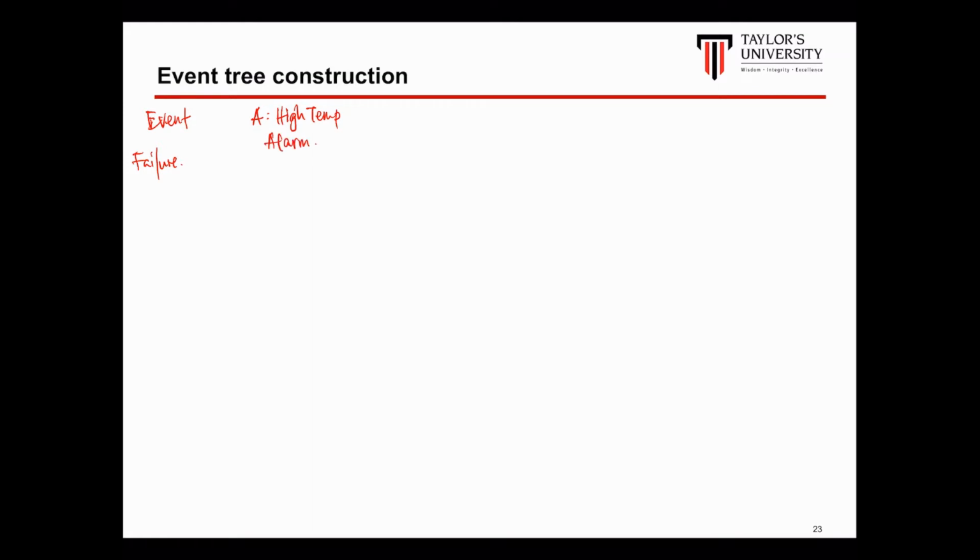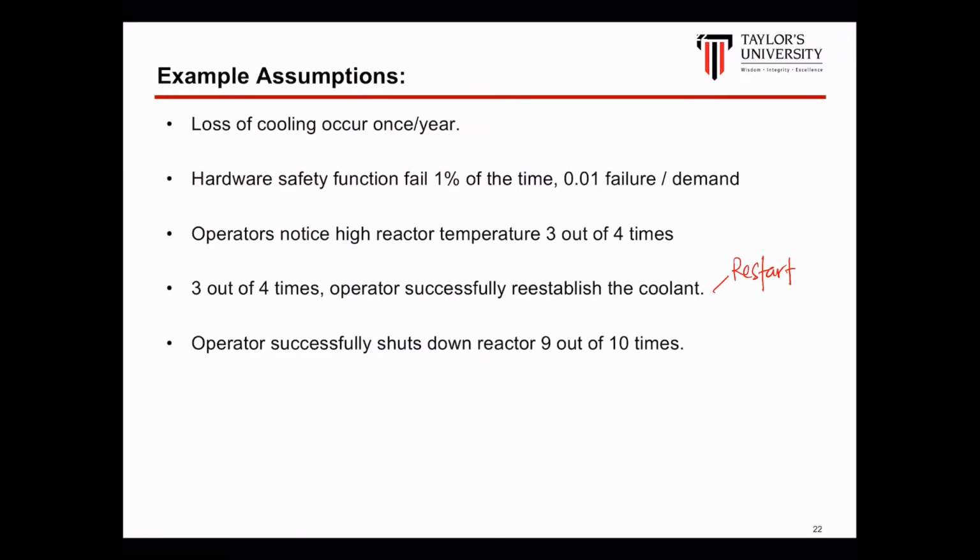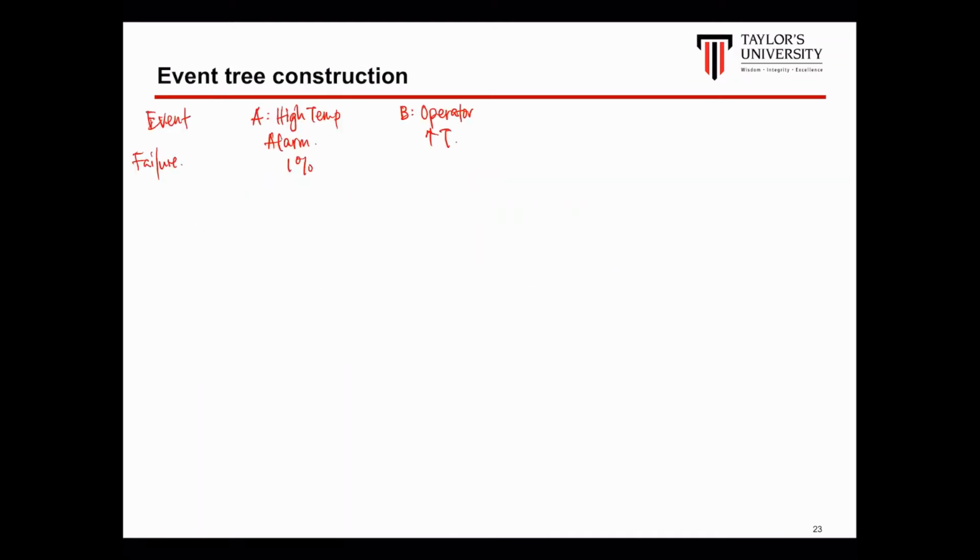It fails 1% of the time. And if it has failed, then we have the operator observing high temperature. This one we say they notice 3 out of 4 times, meaning 75%, and the failure will be 25%.